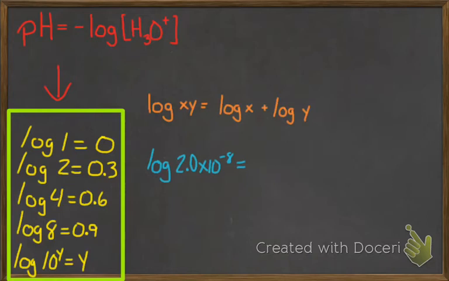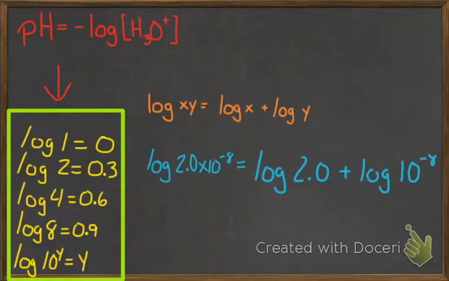If I have the log of 2.0 times 10 to the negative 8th, I can break that down into two separate logs. So I'm going to have the log of 2.0 plus the log of 10 to the negative 8th.